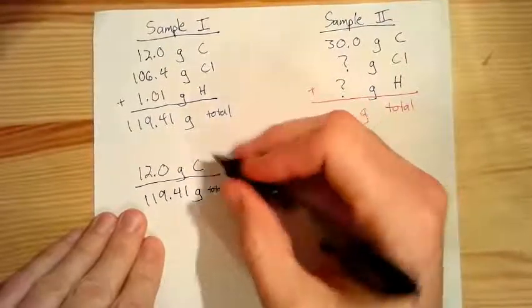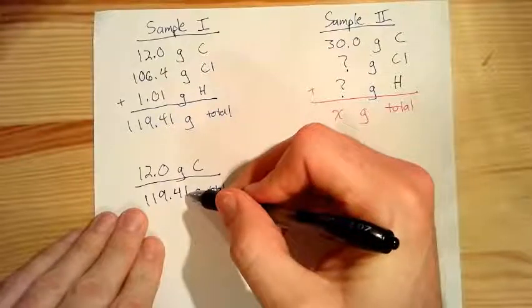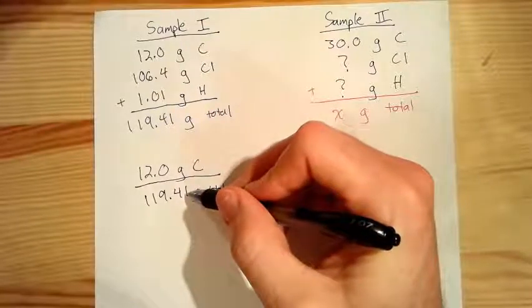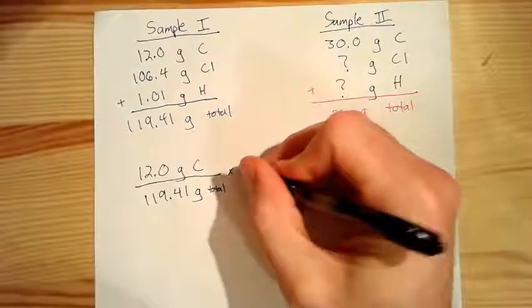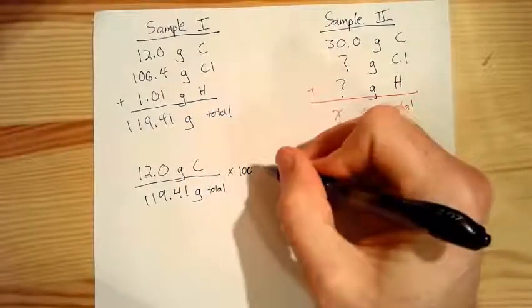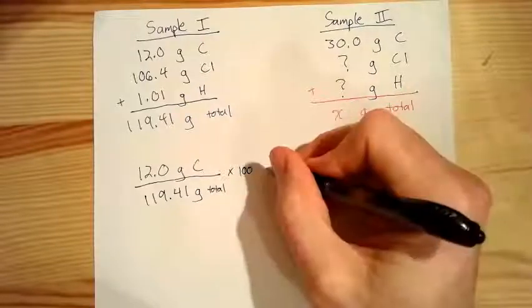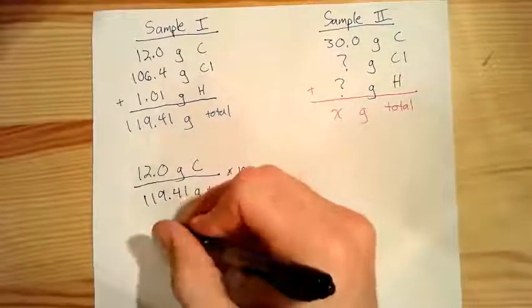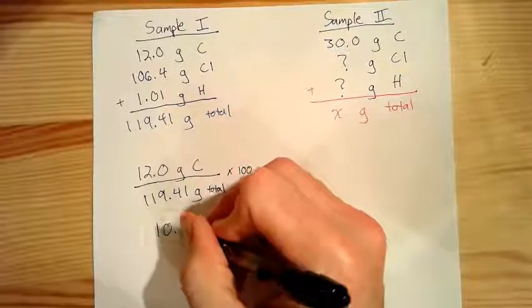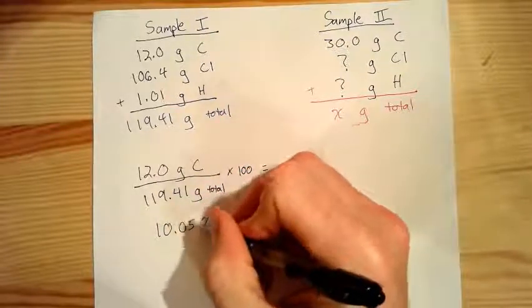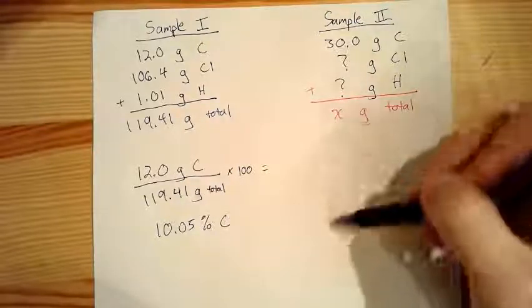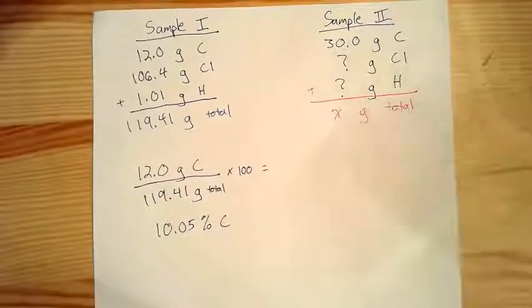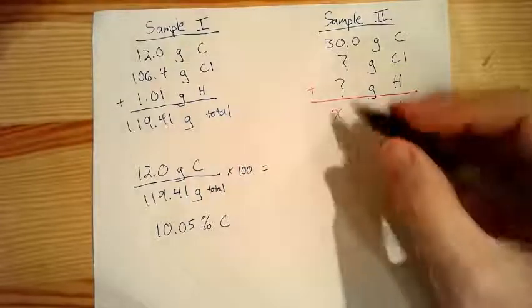I will get a decimal because the bottom number is actually greater than the top number. So I want a percentage, so I'm going to multiply it by 100. And when I do that, I come out to be 10.05% carbon.